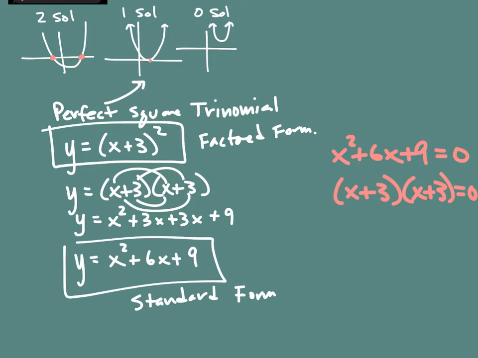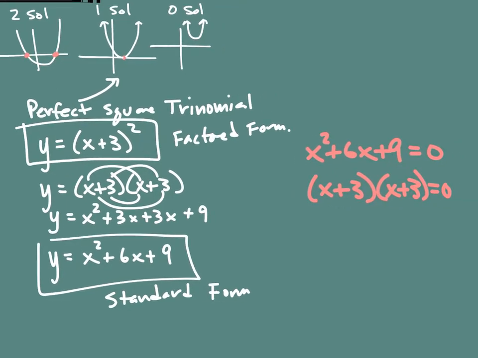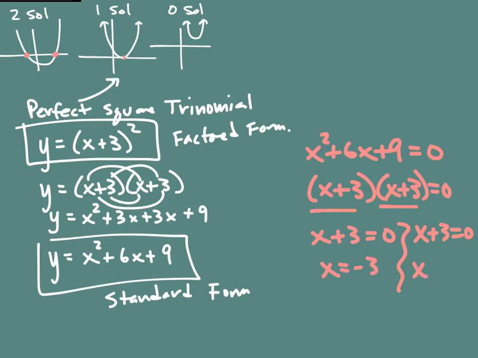If the factor happens only once, usually it's only going to cross the x-axis.